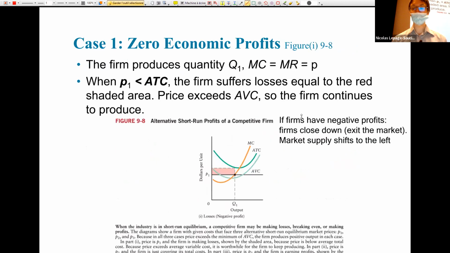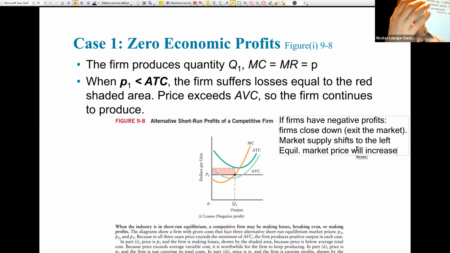And it will, of course, cross the demand at a price which is higher than before because it shifts to the left. So the equilibrium market price will increase. Note that the price will increase not because of the voluntary decision of any single firm, but because of the aggregate decision of a bunch of firms on the market that were losing money.